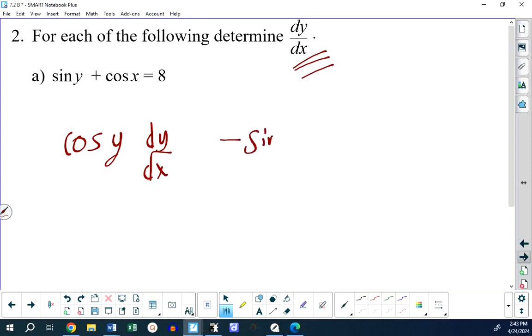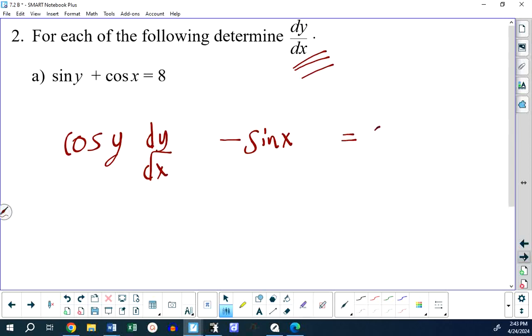Minus sine x is the derivative of cos x with respect to x. Negative sine of x. Yes. If you want to push it and say, yeah, but don't we have to multiply by the derivative of the argument? Okay. You're then multiplying by the derivative of x with respect to x, which is 1. And this is equal to 0.